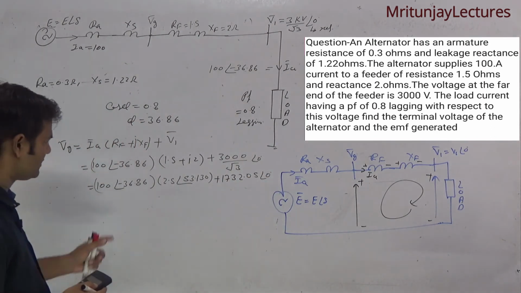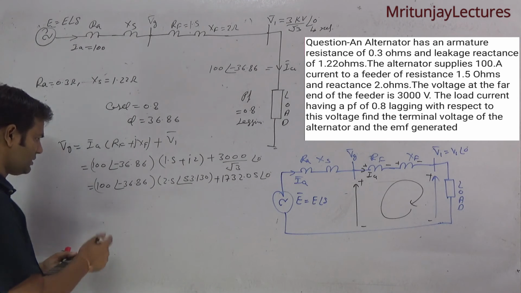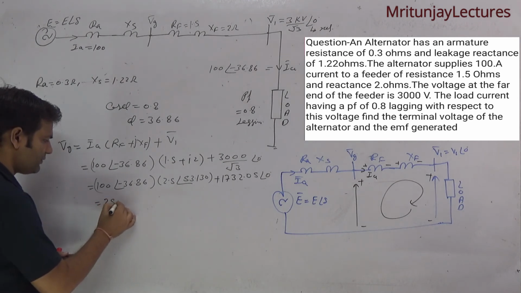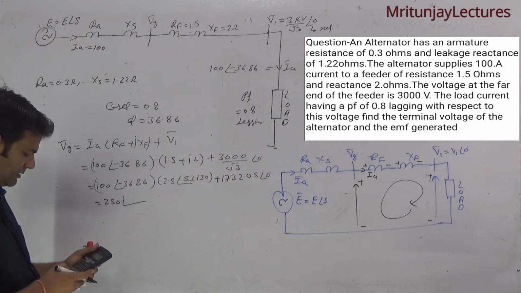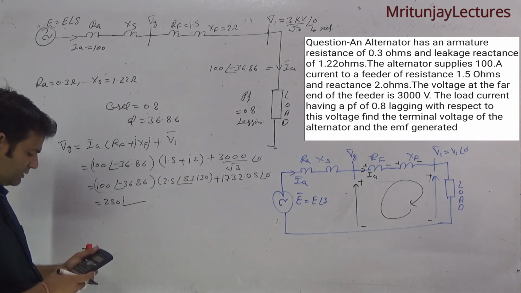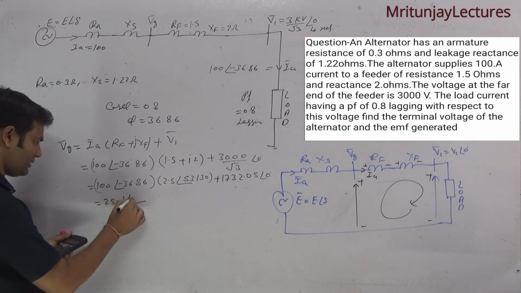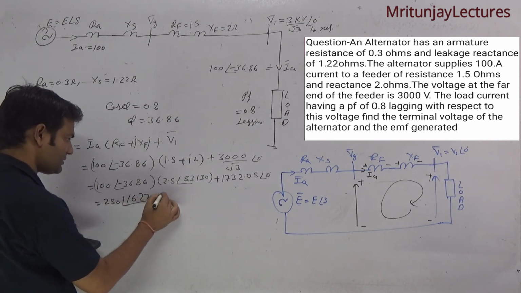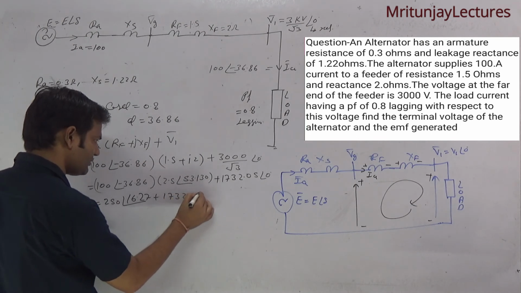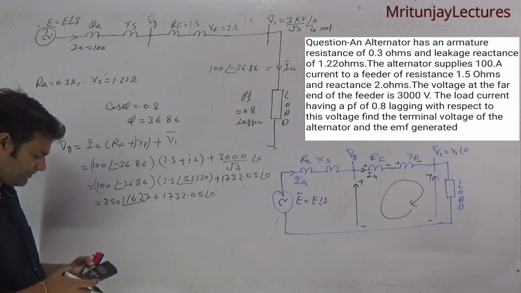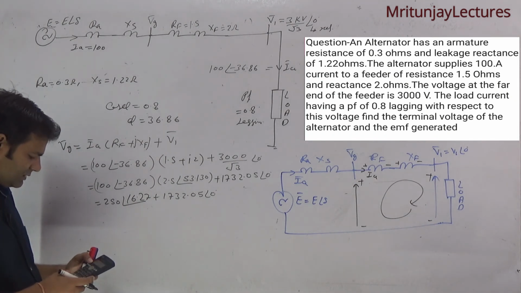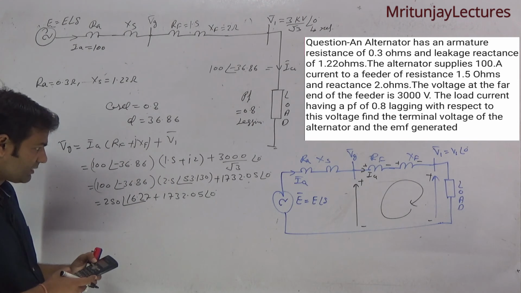That is 250 at the angle 53.130 minus 36.86, that is 16.27, plus 1732.05 at the angle 0.